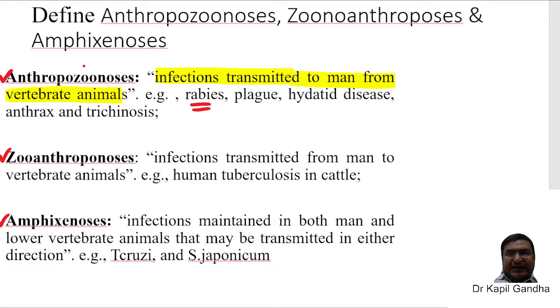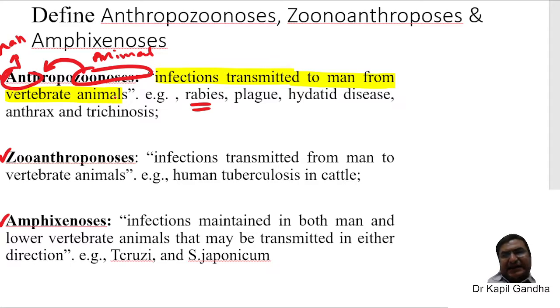So basically we have to remember in this manner: anthropo means man, zoono means animal. So infections transmitted to man from vertebrate animal. What about zooanthroponosis? It is the reverse of anthropozoonosis. It is the infection transmitted from man to vertebrate animal, like human tuberculosis in cattle.